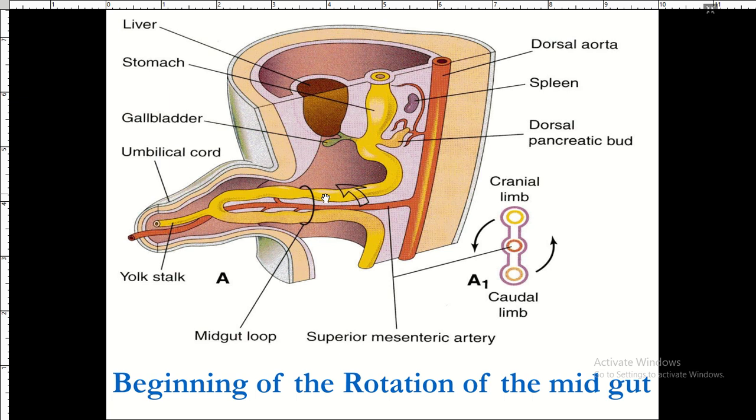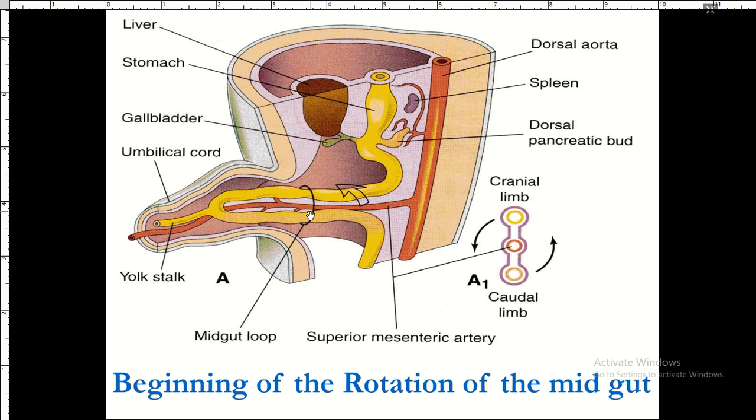So what happens now? I want you to take note of this. When we are now retracting these loops, there is going to be another rotation, a 180-degree counterclockwise rotation, as these limbs retract back into the abdominal cavity. If you remember very well, failure of the retraction of these loops will lead to omphalocele.